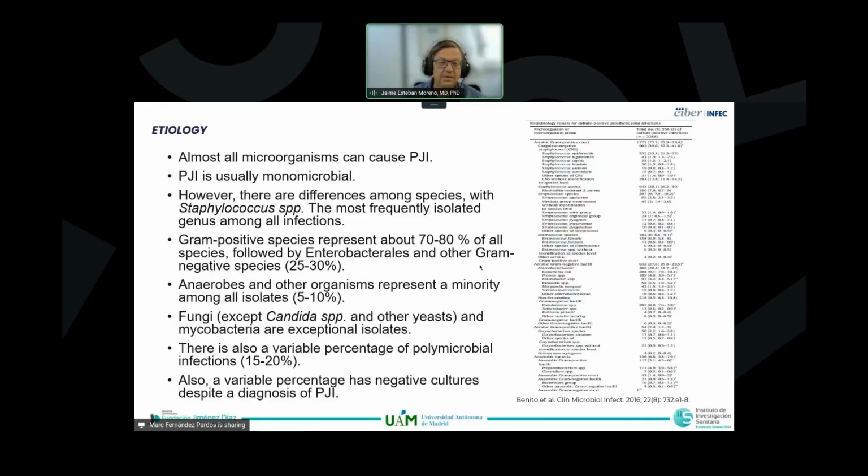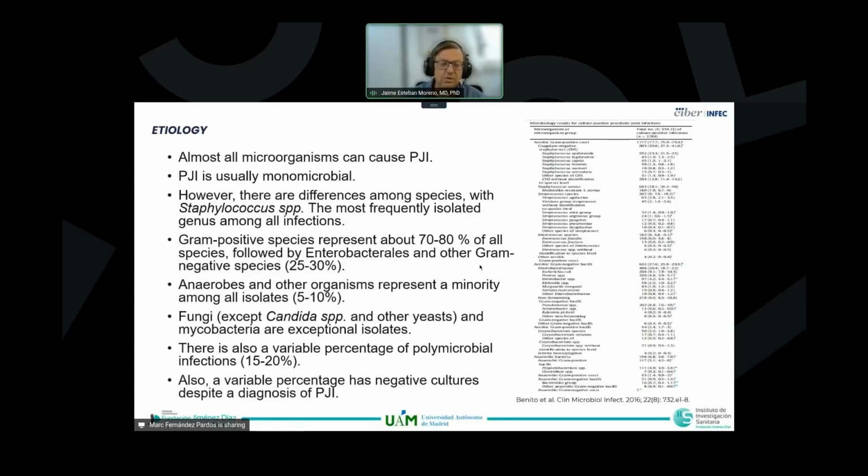In all cases, Staphylococcus is the most frequently isolated genus among all different kinds of infections. Gram-positive species represent about 70 to 80% of all species, followed by gram-negative species, then anaerobes and other microorganisms that are extremely uncommon, and fungi, mycobacteria, and other isolates are exceptional.